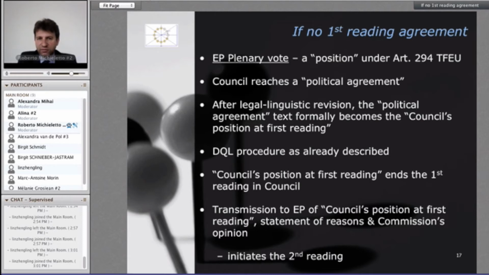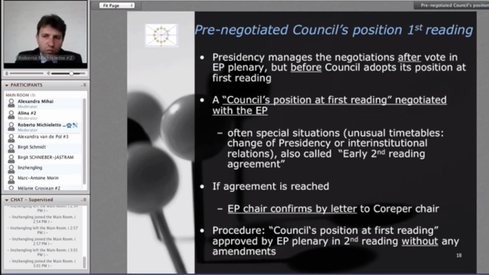Once the lawyer linguists have done their job, the text formally becomes the Council position at first reading. So we now have two positions: the European Parliament's one and the Council's one. When this Council position goes to the Parliament, we have the second reading. We started the second reading phase.